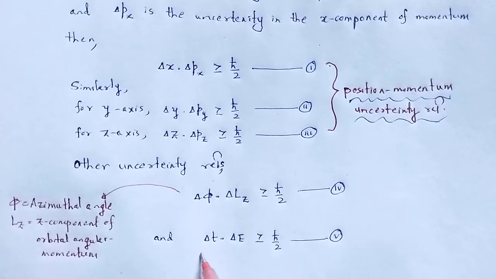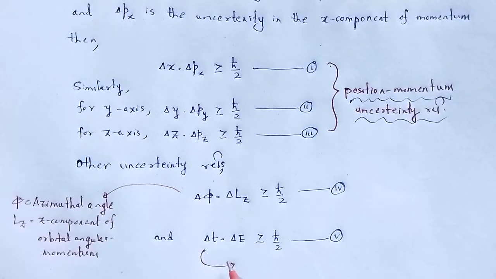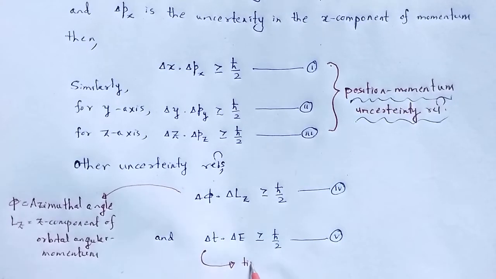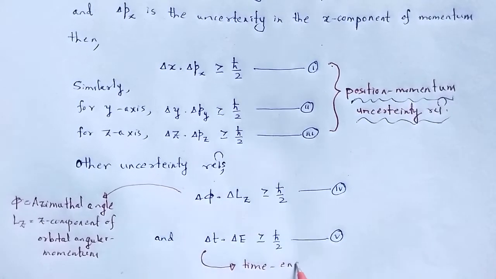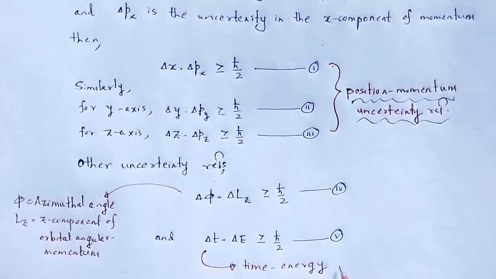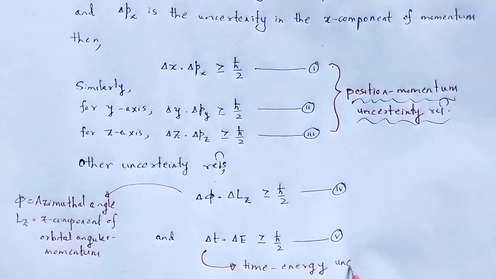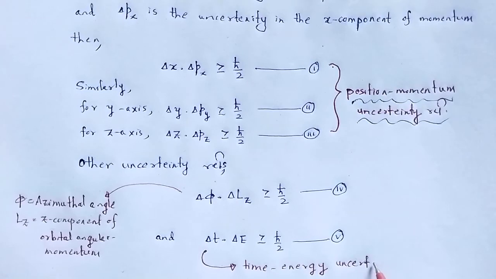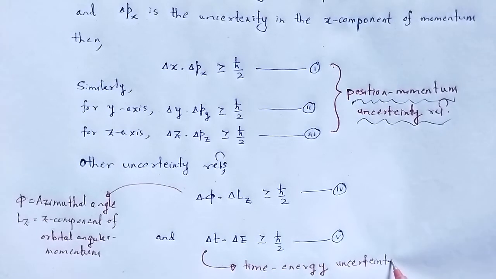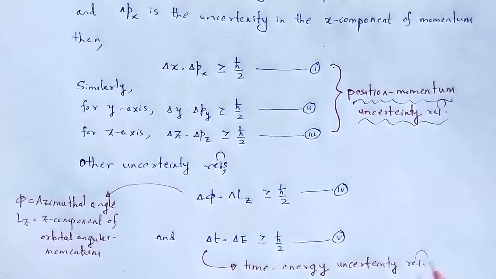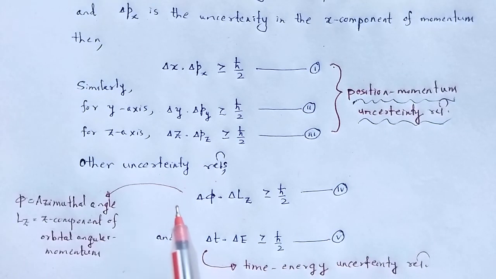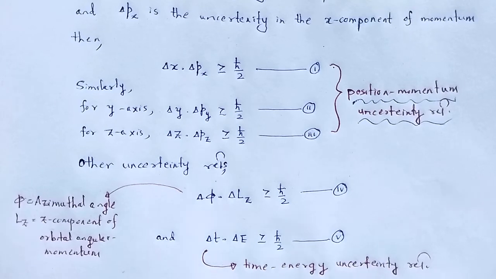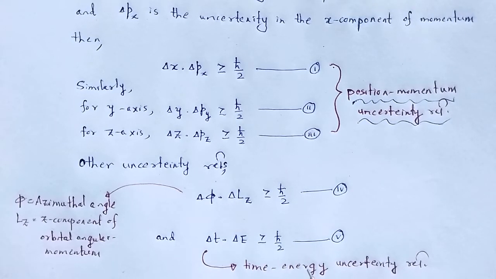The other equation is the uncertainty relation in time and energy, the time energy uncertainty relation.